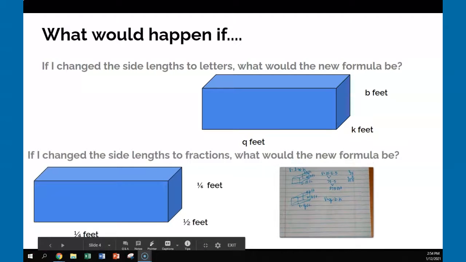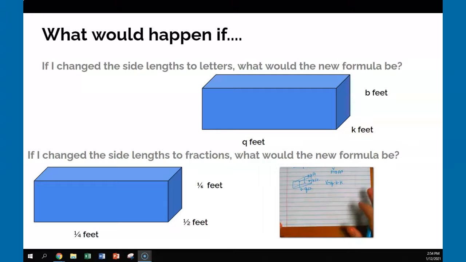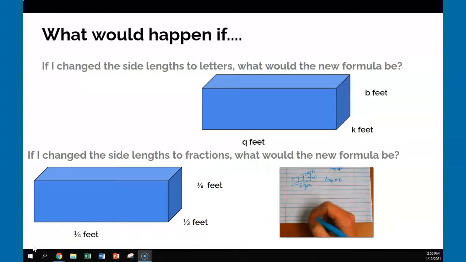If I changed to fractions now, what would my new formula be? I just want the formula, I don't want the answer. Instead of drawing this one out, I'm just going to say my length is equal to 1/4, my width is equal to 1/2, my height is equal to 1/6.